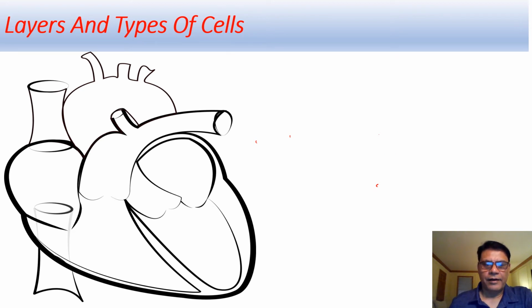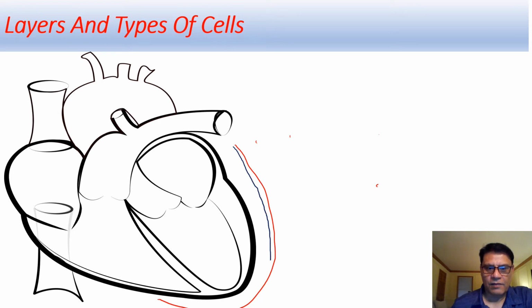And the whole heart is enveloped in a double membrane sac that has two layers: a fibrous layer and a serous layer.